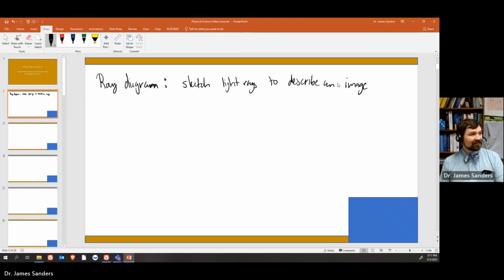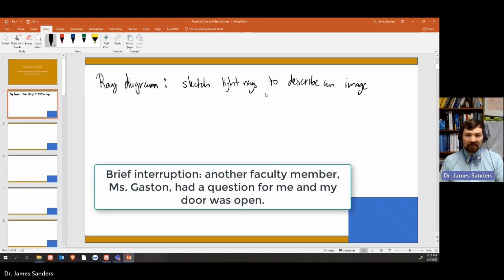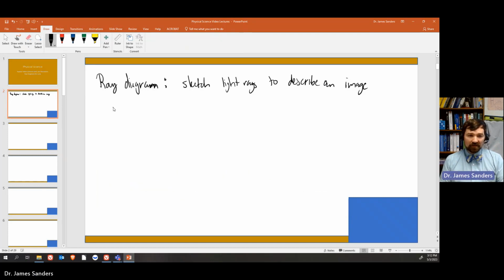And a note that we should say is if drawn to scale. So if you draw everything to scale, then the image will be well defined.